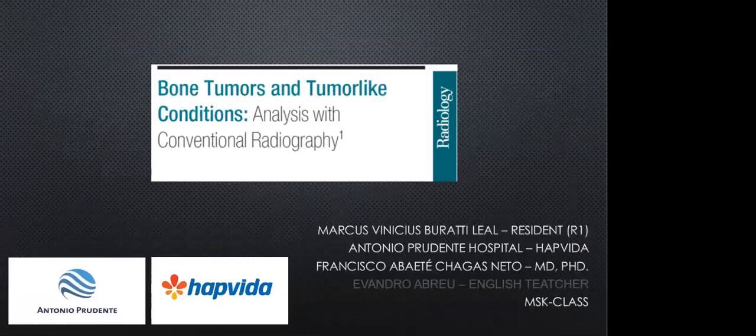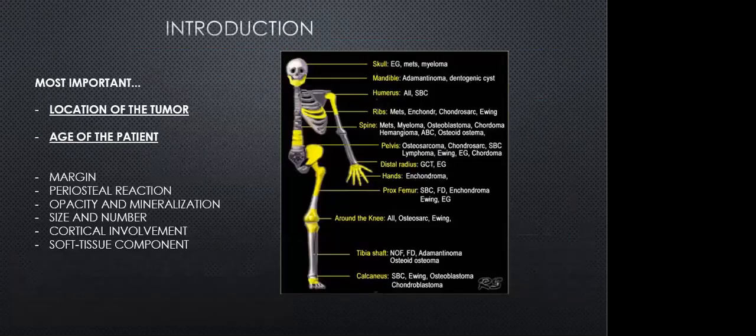Bom, esse artigo é interessante porque ele nos traz quais seriam as características fundamentais de uma lesão óssea para se pensar em um processo benigno ou maligno. Muito mais do que fazer o diagnóstico histopatológico da lesão em si, é muito mais importante o médico ter conhecimento acerca de quais características vão levar aquela lesão óssea a ser benigna ou maligna.